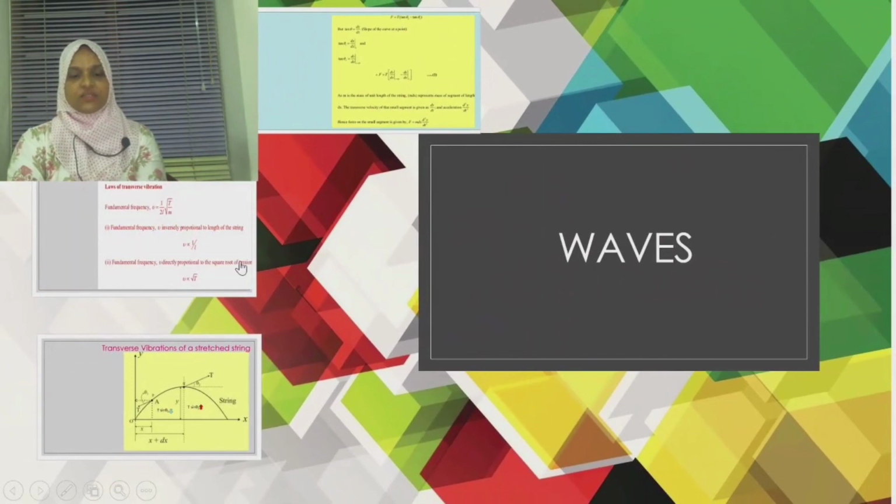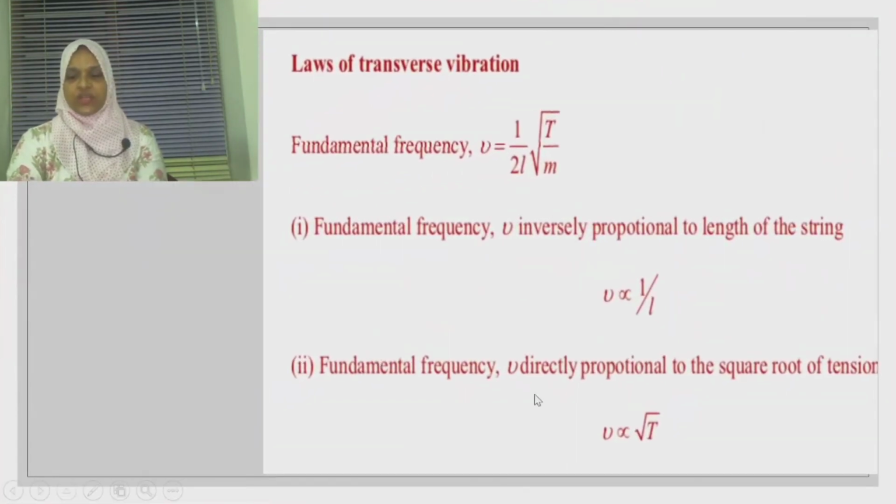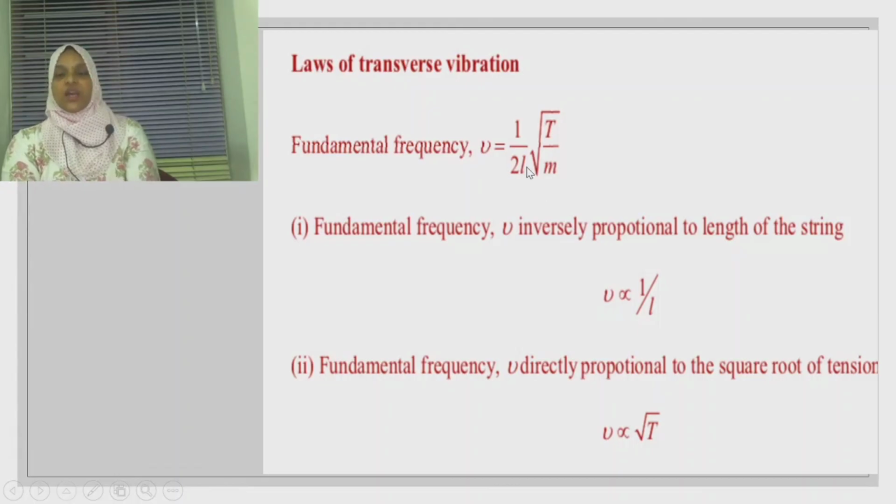Then we have one more law of vibration. Now we have considered the relation between frequency and length, then frequency and tension. Similarly, you have a relation between frequency and mass. What will be that? Can you infer what will be the third law of vibration? For the third law of vibration, you have to keep tension and length constant.